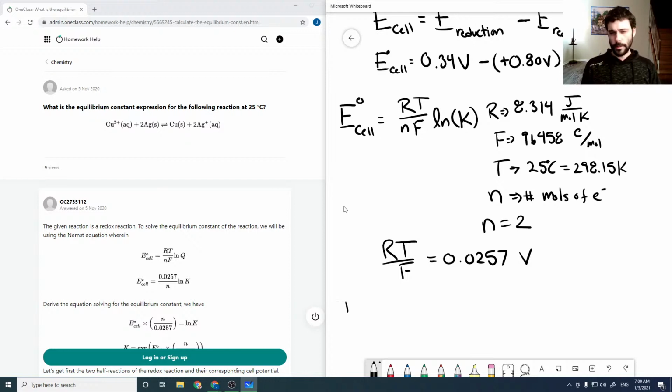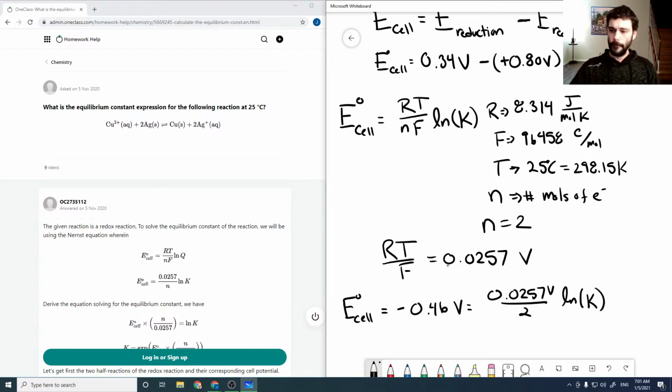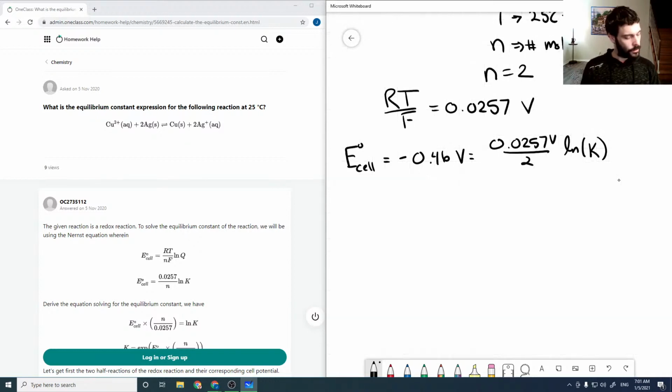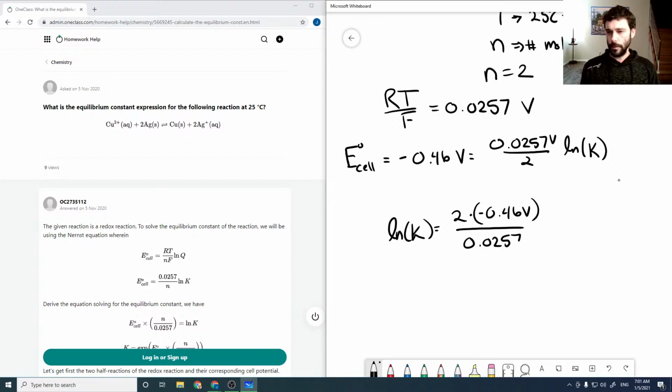And so our E naught cell, which we computed above as negative 0.46 volts, is equal to 0.0257 volts over 2 times ln K. With some rearrangement, we find that our ln K is 2 times negative 0.46 volts over 0.0257 volts.